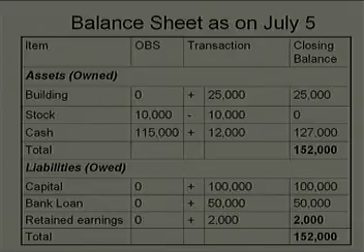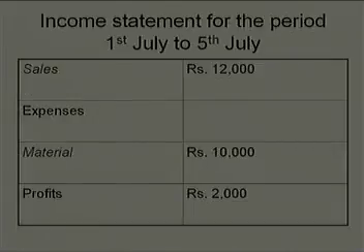Now, for this set of transactions, if you try to work out the profit and loss account or the income statement, you must be able to notice the period. I have kept 1st July to 5th July. So profit and loss statement is always for a particular given period, whereas balance sheet is always as of a particular date.